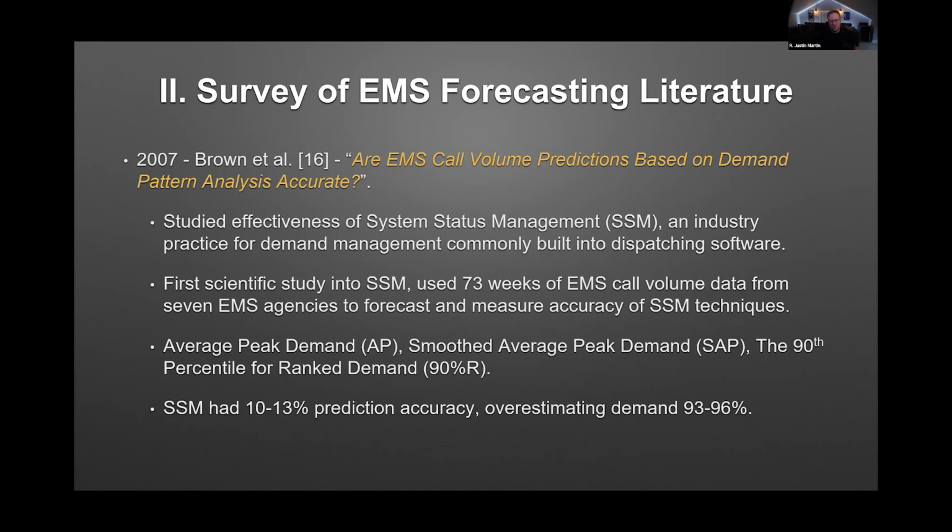That's something we really focus on in our industry. We're not so concerned about overestimating demand. We're much more concerned with underestimation of demand, because we'd rather be in a situation where we have a truck available to respond to a call and not need it than need a truck and not have it, right? So that's another lens to color all these forecast methods under.